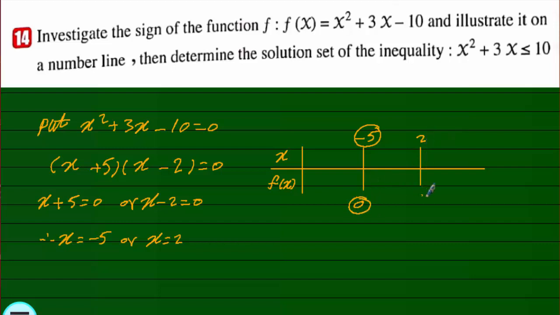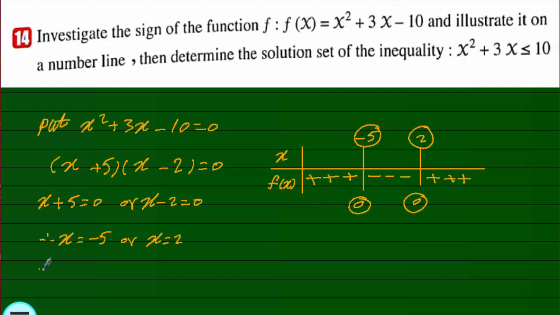When x equals 2, also f of x equals 0. And we check the sign in these three intervals. When you take a number between negative 5 and 2 like 0, f of 0 equals 0 plus 0 minus 10, so here we have a negative sign. When you choose another number like 3, greater than 2, f of 3 will be positive here, and here also positive.